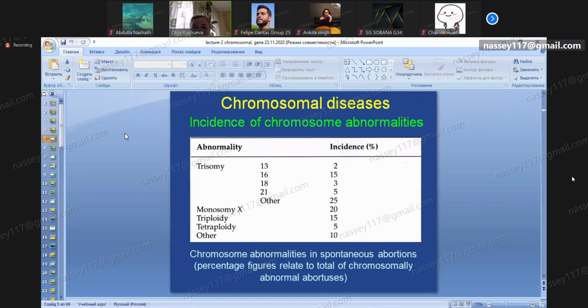On this slide, you can see the incidence of chromosomal abnormalities in spontaneous abortions. Percentage figures relate to the total of chromosomal abnormal abortuses, and you can see that the most frequent will be monosomy of X chromosome, also trisomy of chromosome 16, triploidy, and other chromosomal trisomies.